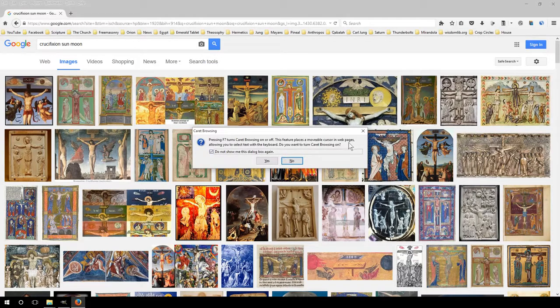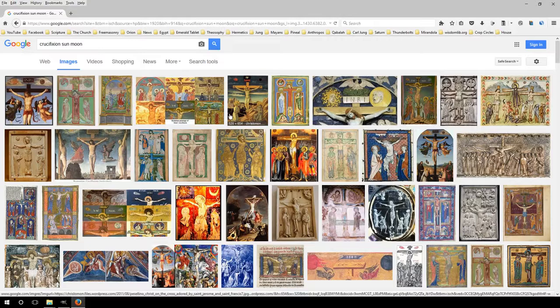Okay, so right here I'm on Google Images, and what I typed in was crucifixion, sun, and moon. And if you look at all these images right here, you'll see that you have Zer Anpin, which is on the middle pillar of the tree of life, and then you have the sun on one side and the moon on the other.